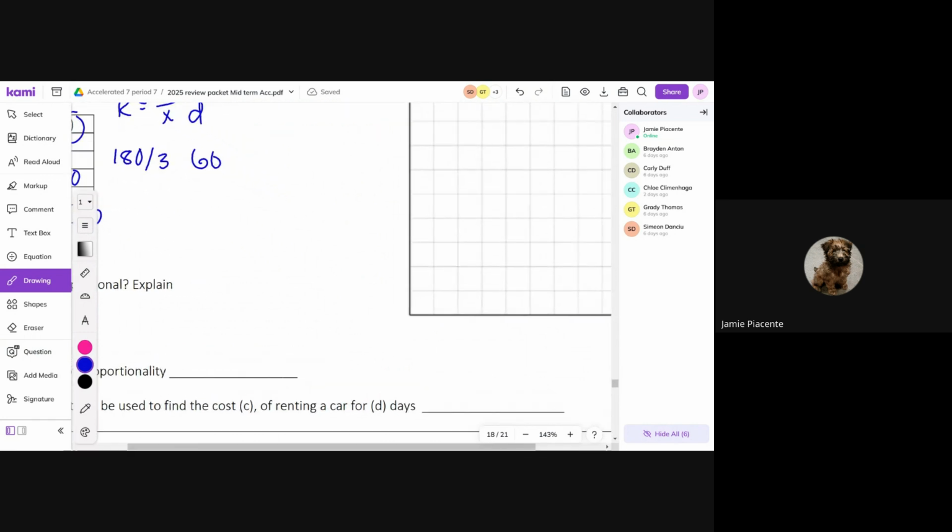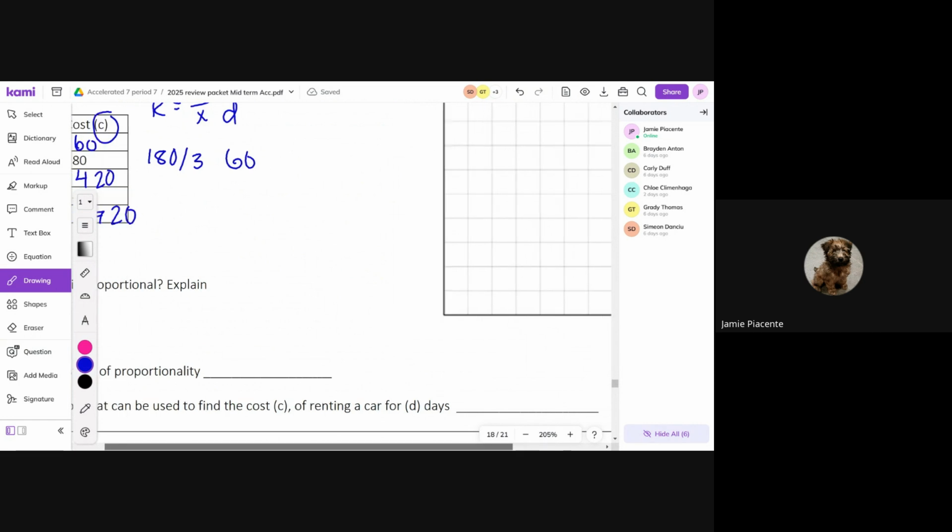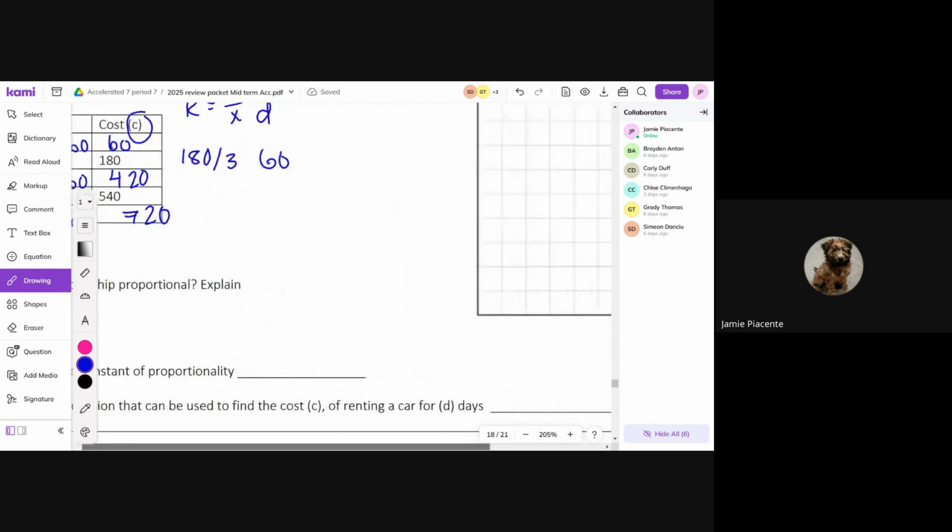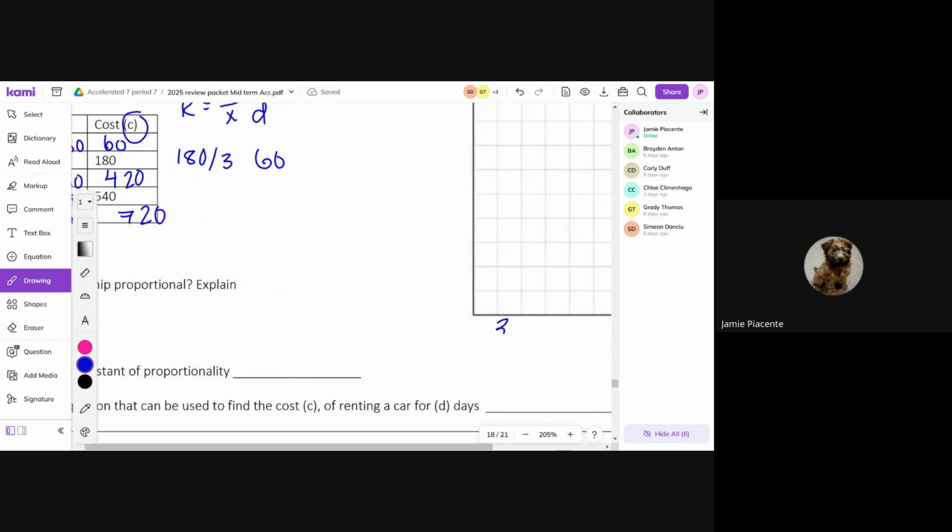Some of them will be in between the lines, or we can count by threes. Let's count by threes. 3, 6, 9, 12. So that means there's 3 in between each of them. 1, 2, 3. 1, 2, 3. I'm just putting these to help me.